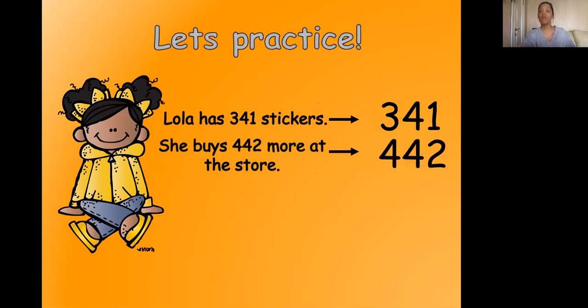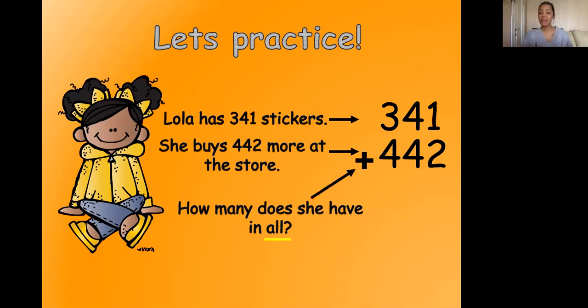So you're going to write 442. How many does she have in all? Because it says more and it says in all, we are going to know that this is plus. We're adding them together, okay? So then we know that it's going to be 341 plus 442.